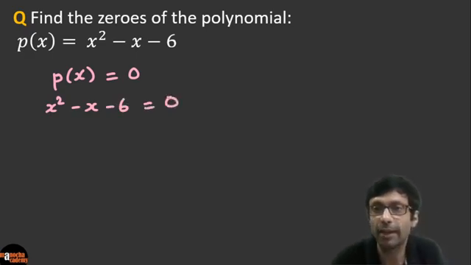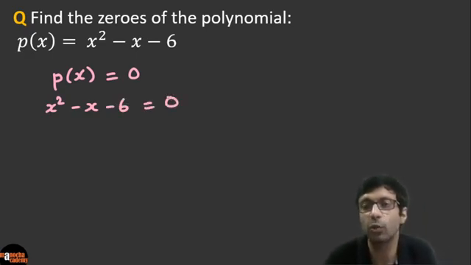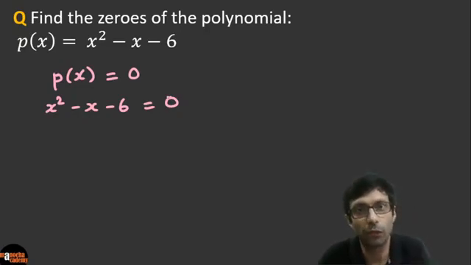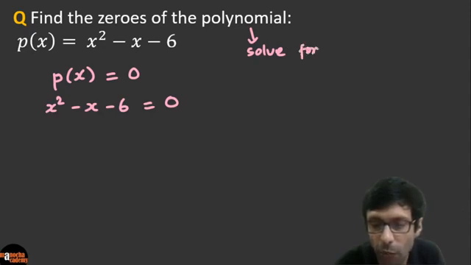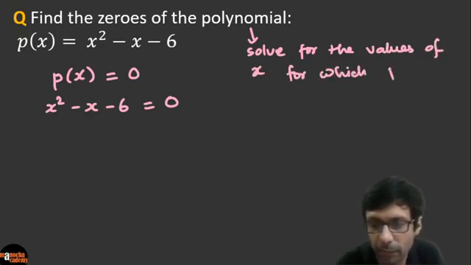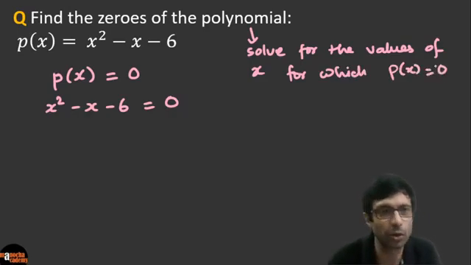And so to find the zeros of the polynomial, basically you need to solve the equation for x. So what is the meaning of zeros of the polynomial? You solve the equation right here. So you need to solve for the values of x for which px is 0. Clear? So this is how you find the zeros of the polynomial.